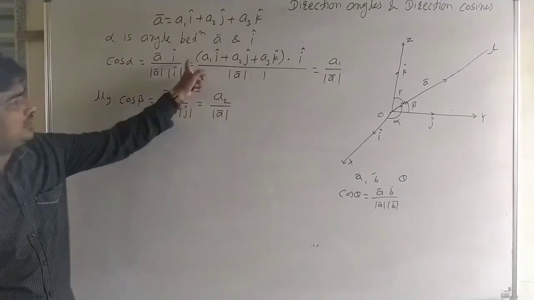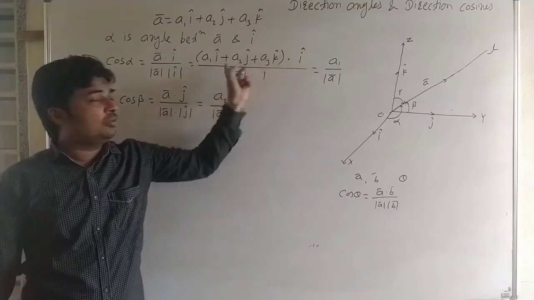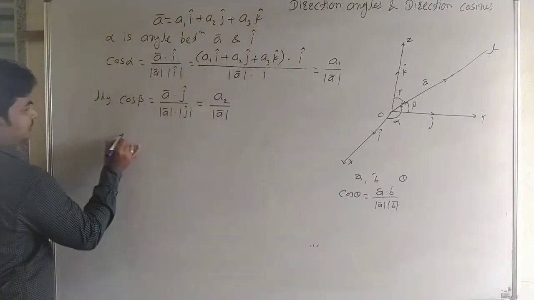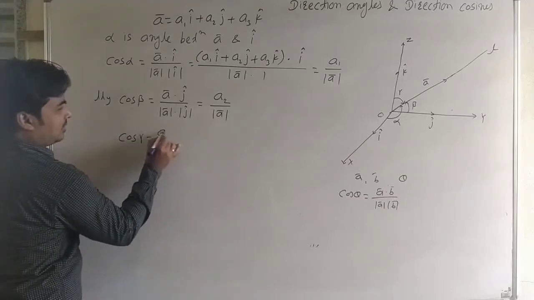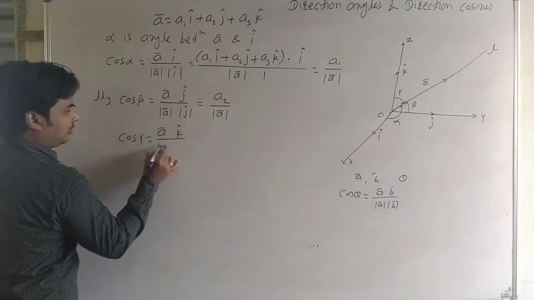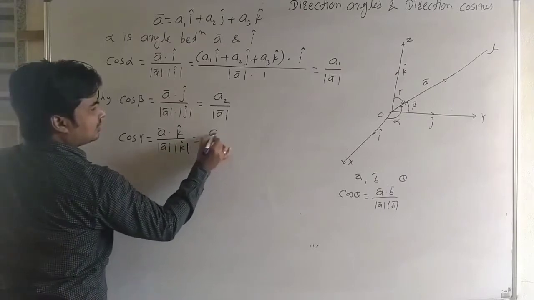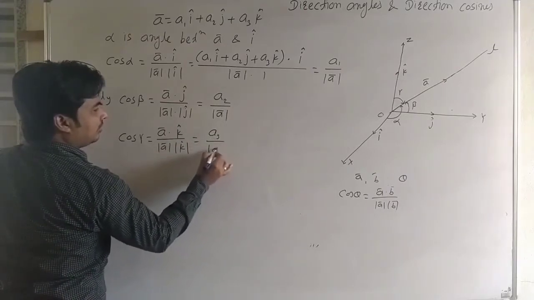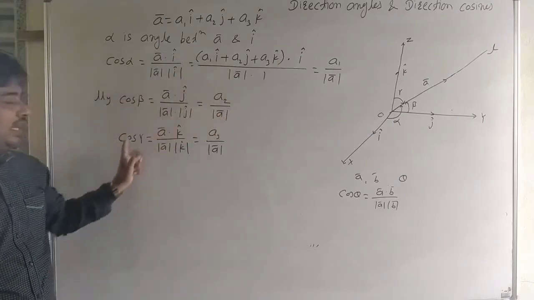Similarly, taking the dot product with j cap, we multiply the coefficient of j. And cos gamma is a bar dot k cap upon magnitude of a bar into magnitude of k cap, and then it is a3 upon magnitude of a bar. Now we have cos alpha, cos beta and cos gamma.